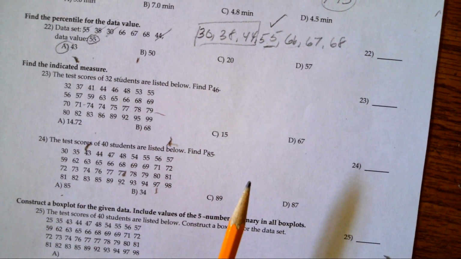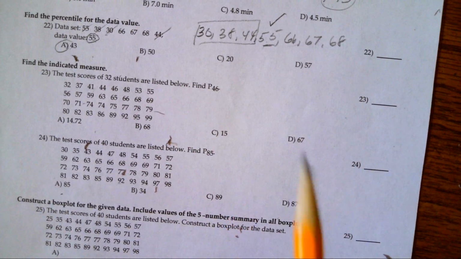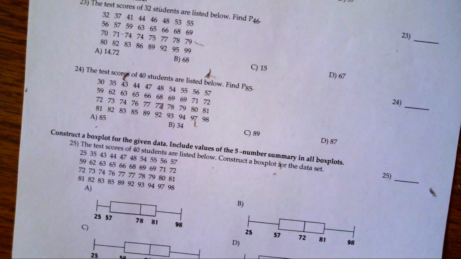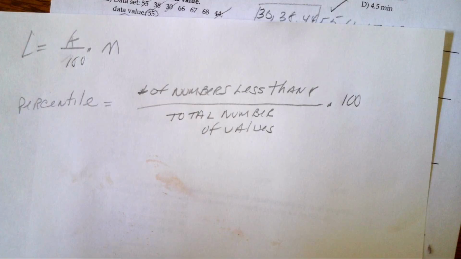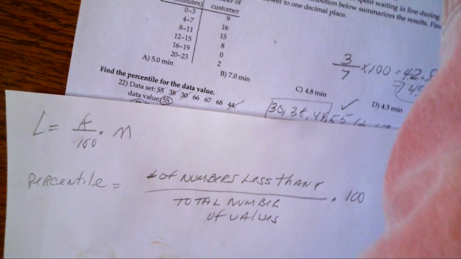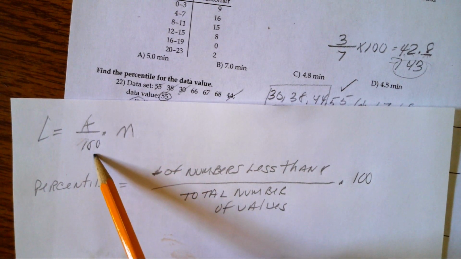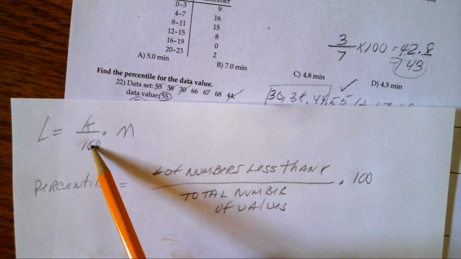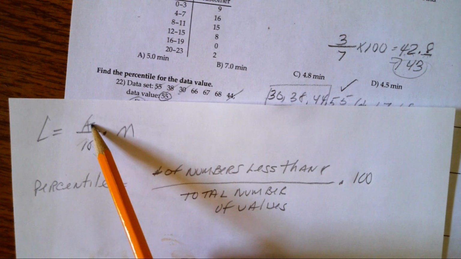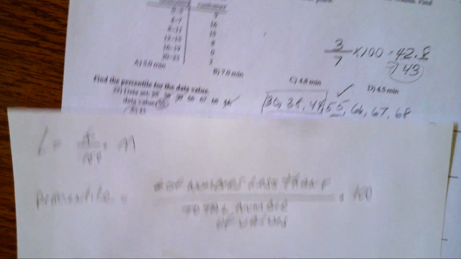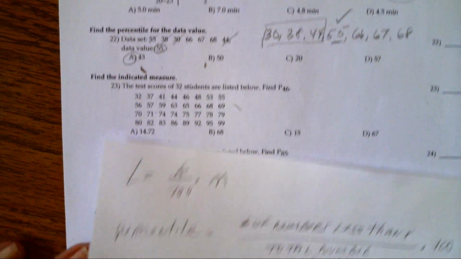Find P46. All right. So let me just give you a little formula here. The location of the number that's in the 46th percentile is found by using this little formula. Take the percentile given, divide it by 100, and multiply it times how many numbers you have.